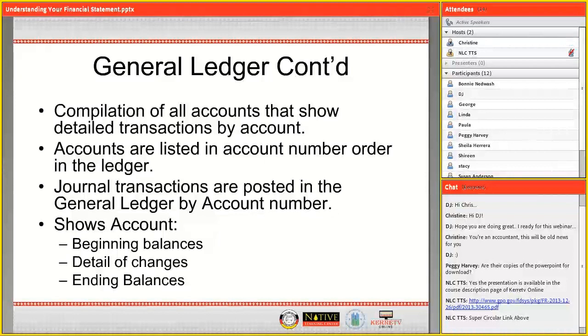Your equity accounts, net position, profit, fund balance, whatever you want to call it, usually start with a 3. Revenues usually start with 4, and expenditures usually start with 5. Yours may be different. There may be a perfectly good reason for that. I'm just telling you what we usually see, and it's just simply because that's the order.